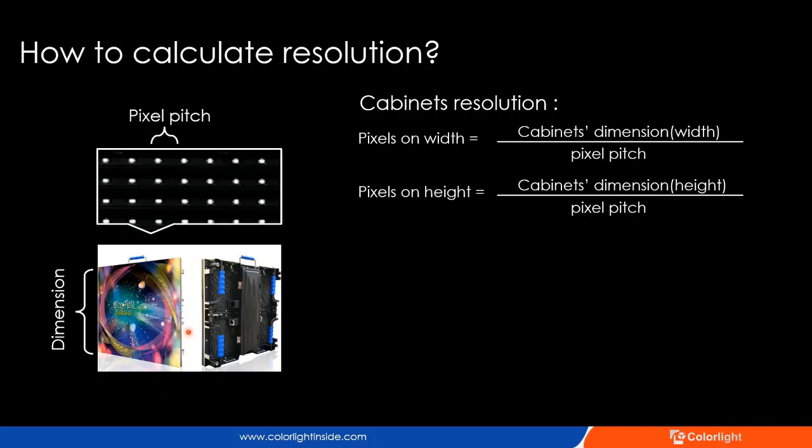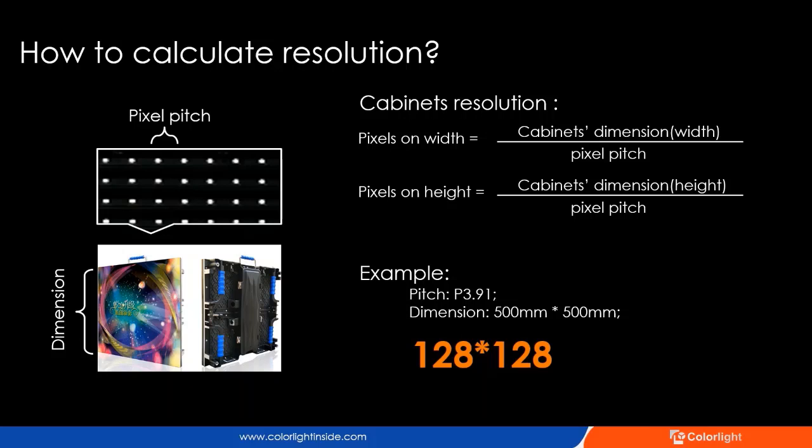Usually, we will get this information from the manufacturer: the module or cabinet's dimension, and pixel pitch. Pixel pitch is the distance from an LED to the next LED. The unit is millimeter. When the cabinet dimension is divided by the pixel pitch, we can easily calculate how many pixels on width and height.